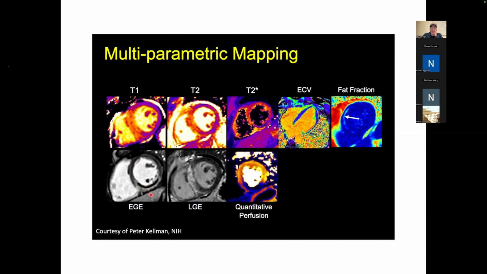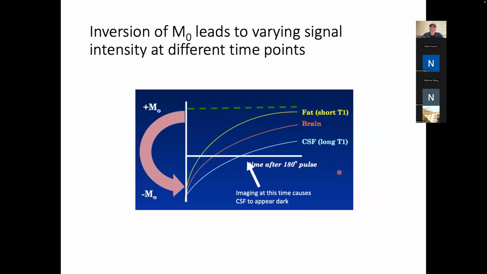I mean, it's pretty diagnostic just in its own right. But if you acquire a number of these in a baseline and you get them over time, you can actually calculate quantitative perfusion, much like we saw in PET, where you can get milliliters of blood per gram per minute in the heart. So all of this is now available if you're very careful on how you image the heart.